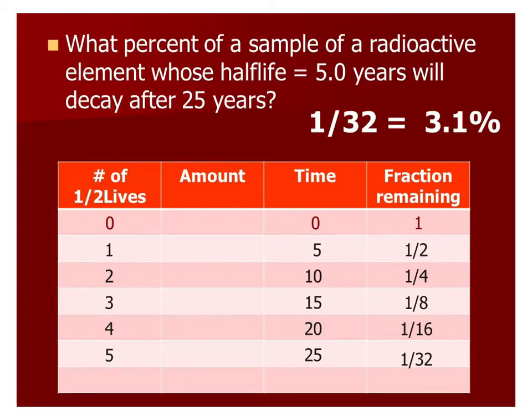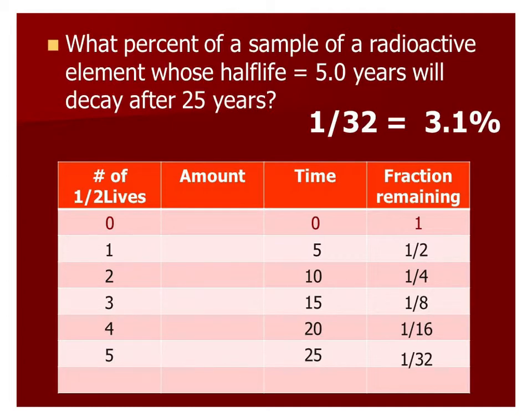Another example of how this could work: I'm asking you now for the percent of a sample of a radioactive element whose half-life is 5 years that will decay after 25 years. So what we're looking for is how much is going to be left after 25 years.